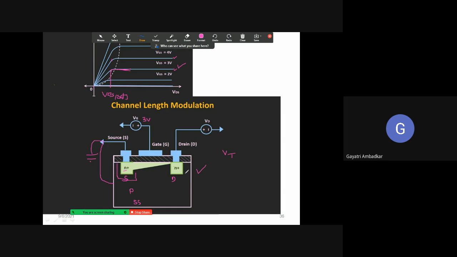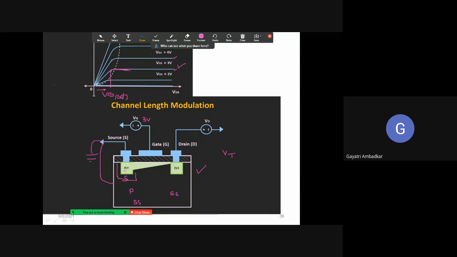If you look at the junction of the drain and substrate, you are increasing VDS on this side. If you are increasing VDS, the reverse bias is increasing on this side. The reverse bias is increasing at this side.